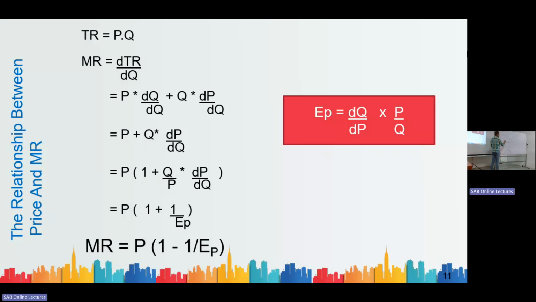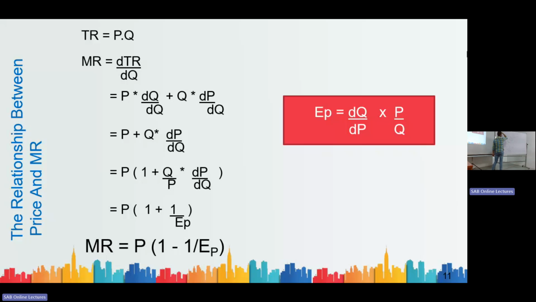Assume that price elasticity of demand is 1. That means demand is unit price elastic. So I'm talking about the midpoint on the demand curve. I'm talking about this point.